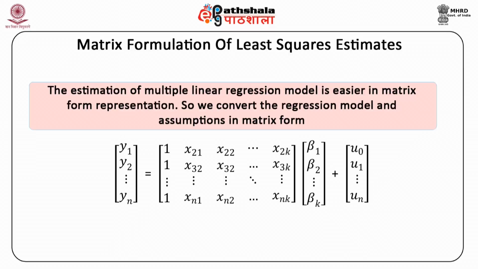In the next column, we have the values x22, x32, up to xn2, and the last column has x2k, x3k up to xnk. The beta coefficient vector is beta 1, beta 2 up to beta k, and the error term vector is u1, u2 up to un. The above matrix formulation of multiple linear regression model can be simplified as follows. We can write this as y is equal to X beta plus u.